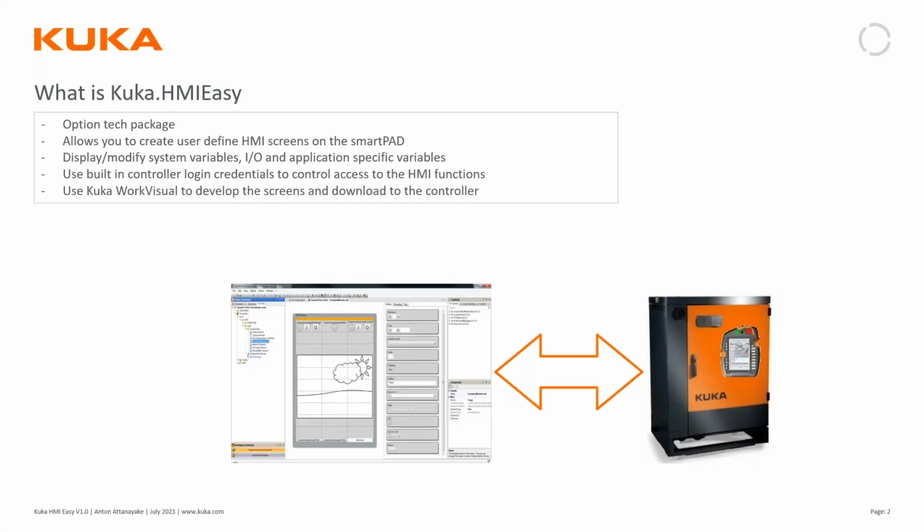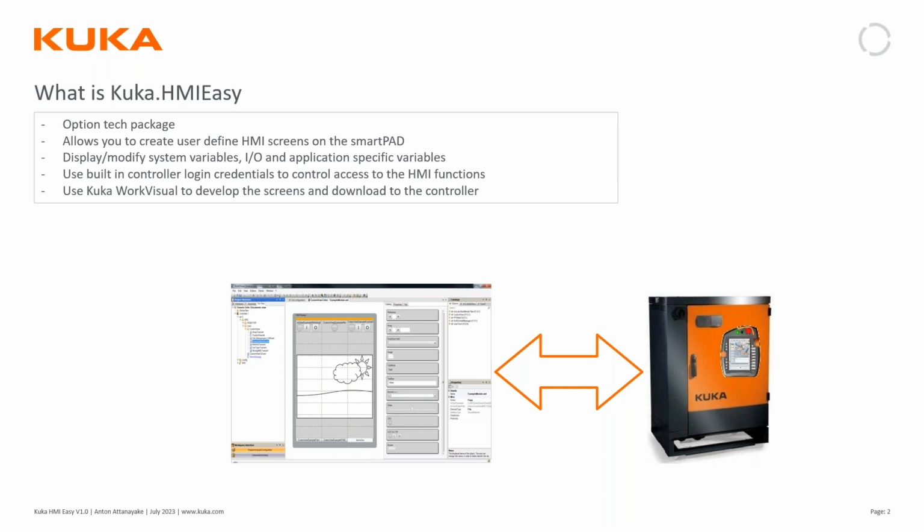What is HMI Easy? HMI Easy is an option package for KUKA that allows you to create custom screens for your application. And it allows you to modify, display variables, system variables, or application specific variables.